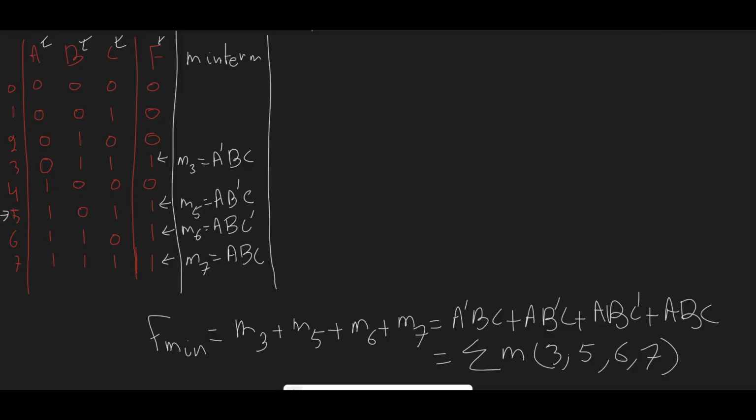Now let's obtain the maxterm. So let's list the maxterms here. They're associated with the output 0. So in this one we'll use capital M0, which is equal to A is 0, so we use A plus B plus C. Next one, M1, will be equal to A plus B plus C prime.